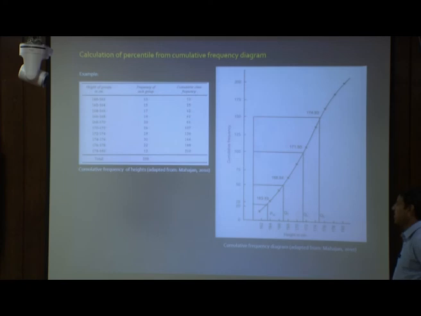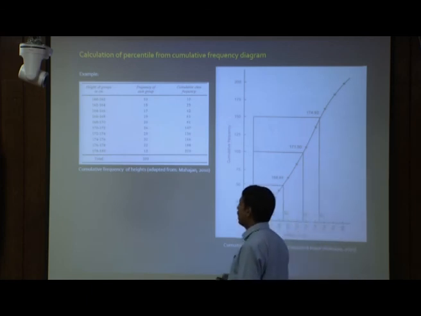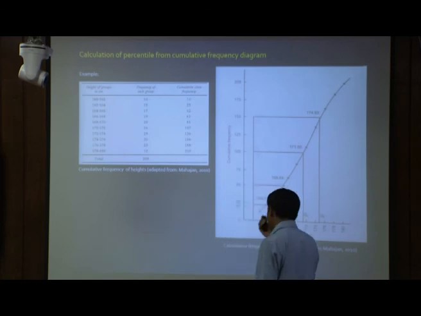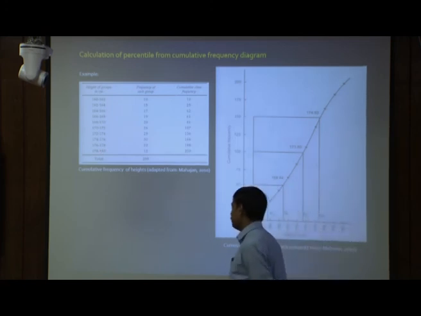Now, how to calculate percentile? There are different methods. One way is to calculate the percentile value from a frequency diagram. So what is a frequency diagram? This is the height of a particular group, starting from 160 centimeter and ending at 180 centimeter.